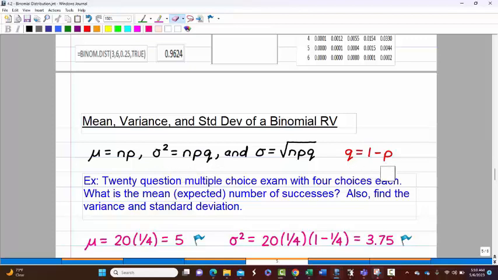Reminder once again, the q is 1 minus p. And standard deviation is always the square root of the variance. I know I keep saying that over and over, but that's because it's true. Like last section, we had a variance formula. Its standard deviation was the square root of that formula. Here's a new one, npq. Well, look at that. Standard deviation is the square root of npq. It's magical.